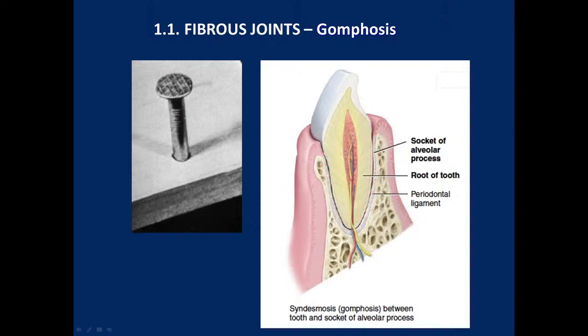Another name of the alveolar fossa, we call the socket, and the dents contact this socket like a metal peg.